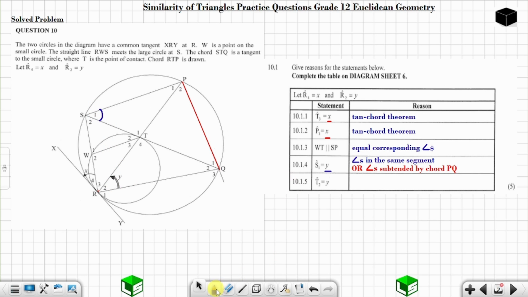Now why is angle T2 equal to y? This angle is equal to y. So you have the line WT parallel to the line SP. Let me show you.